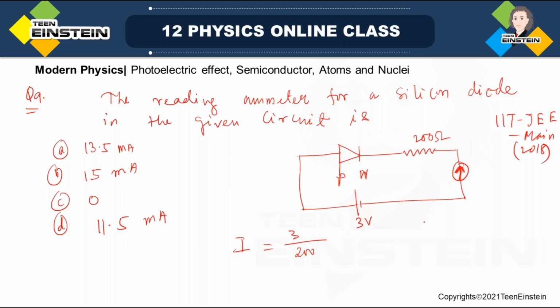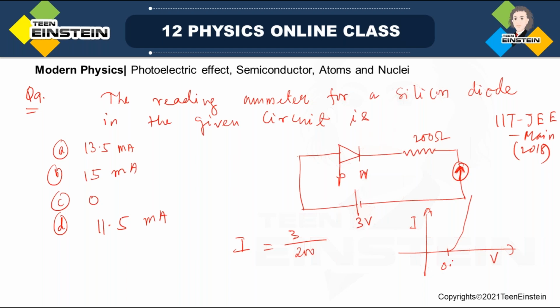Because if you see the forward bias characteristics, the actual current starts from here and goes like this. This is forward biasing of a silicon diode or any normal diode. Up to a certain voltage, the diode will not conduct because the P side will not have enough forward bias.